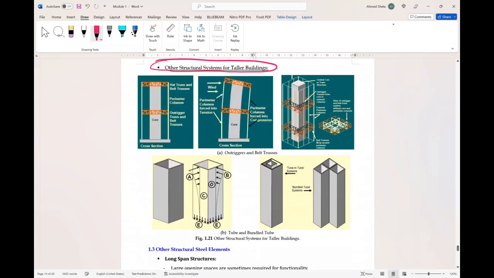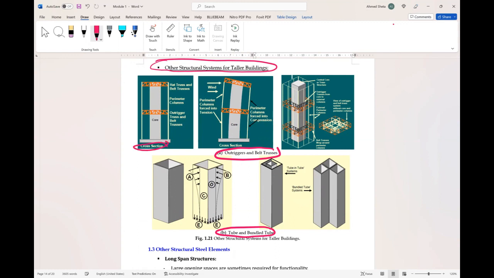So other types like outriggers and belt trusses, and another one is tube and bundled tube. There are several types of structural systems used for tall buildings. There are two examples of them here: outriggers and belt trusses, and tube and bundled tube.